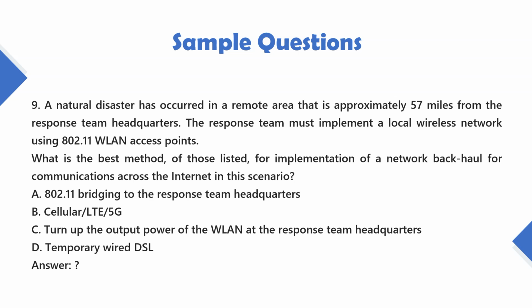A. 802.11 bridging to the response team headquarters. B. Cellular, LTE, 5G. C. Turn up the output power of the WLAN at the response team headquarters. D. Temporary wired DSL.